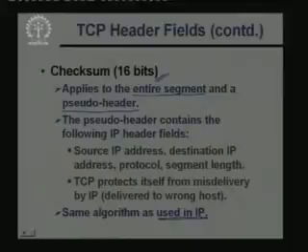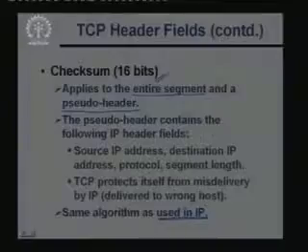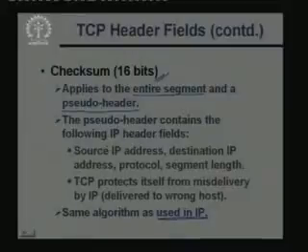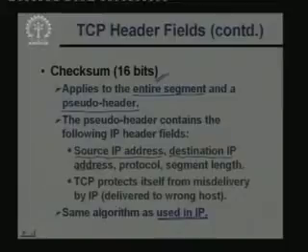Pseudo header contains some information which is borrowed from the IP headers. It contains the following fields: source IP address, destination IP address, protocol TCP or UDP, and the segment length.